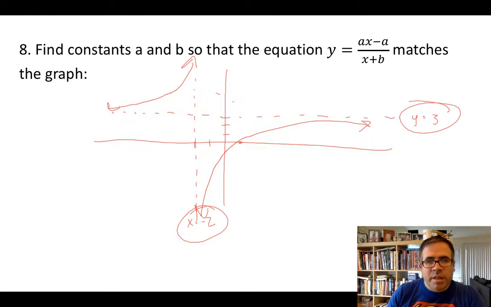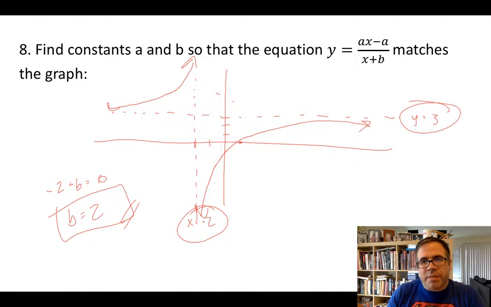Basically, the vertical asymptote is the x value when the denominator equals 0. So we know that -2 plus b equals 0, which of course means that b is 2. Looking over here, the horizontal asymptote is the limit, written in limit form. It's the limit as x increases without bound, in either direction.